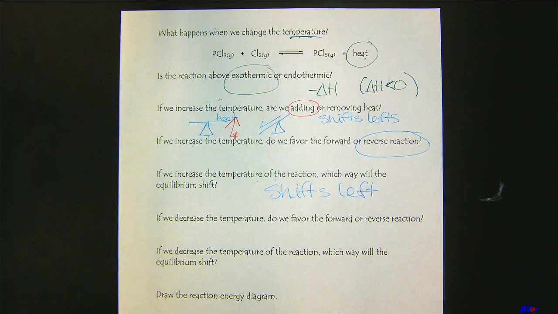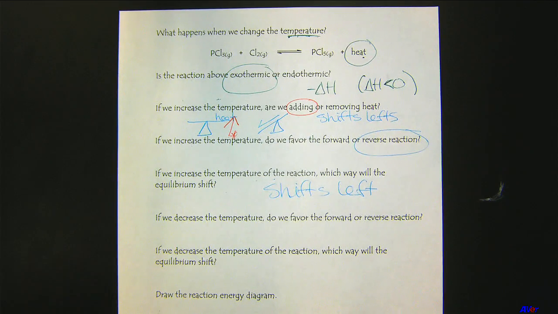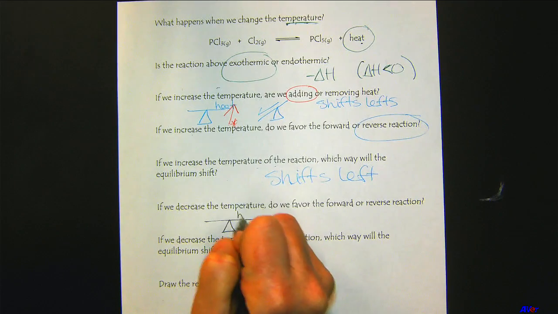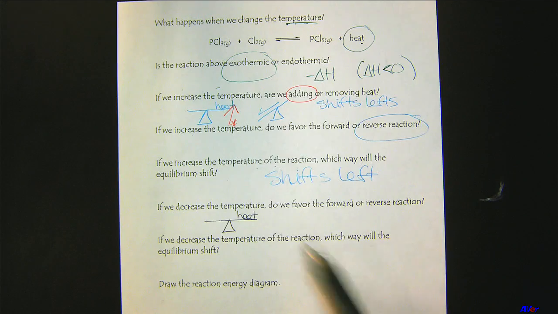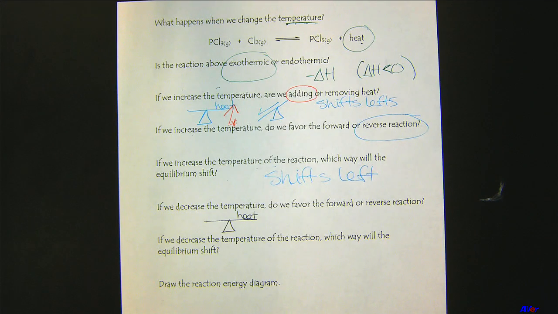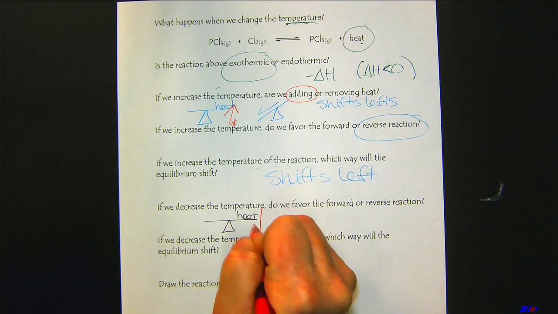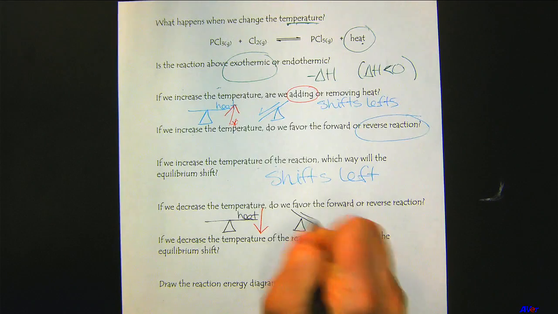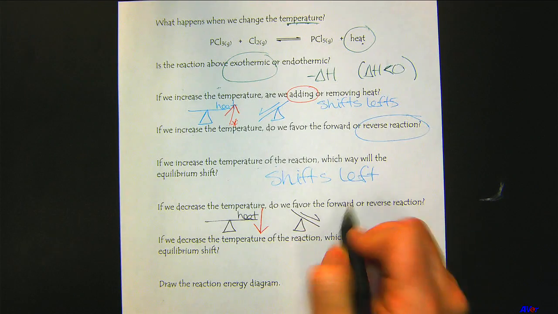Okay. So then, if we decrease the temperature? This is an exothermic reaction. Heat's on the product side. Now, if we decrease the temperature, we're going to pull down here. So we're going to shift the equilibrium right.